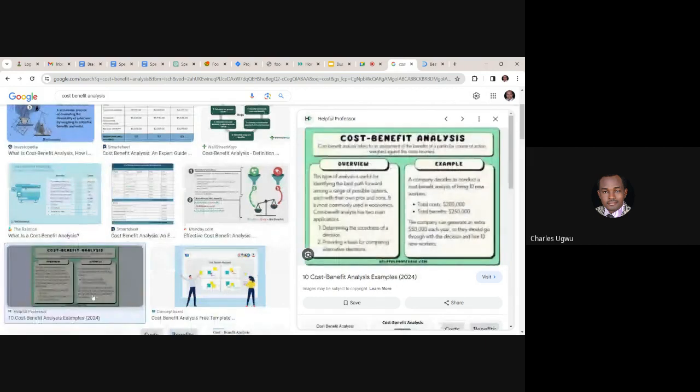If the net benefit is negative, it means that it's not viable. If the net benefit is positive, then you know that it's viable and you carry on. So this is how to carry out cost-benefit analysis. Let's not waste much time on this template, because we are going to spend our time developing our own.